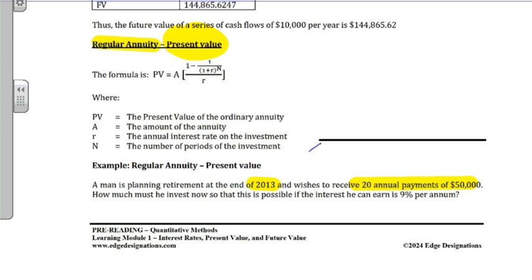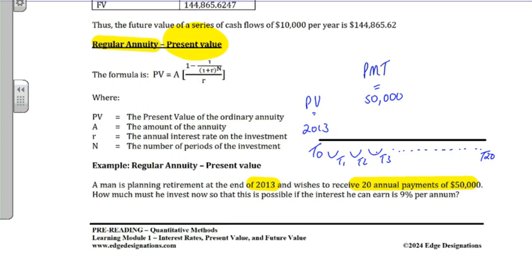There's time period 0. When is time period 0? First of all, what do we know? That's 2013, and that's also equal to now. It's the present value. For the next 20 years, time period 1, time period 2, time period 3, and so on, all the way through to time period 20, every year he wants to receive a payment equal to $50,000.